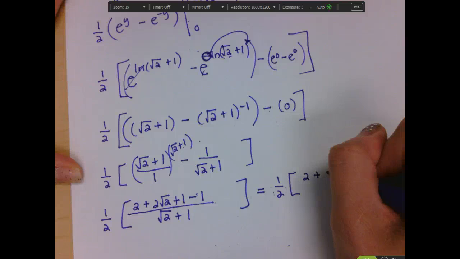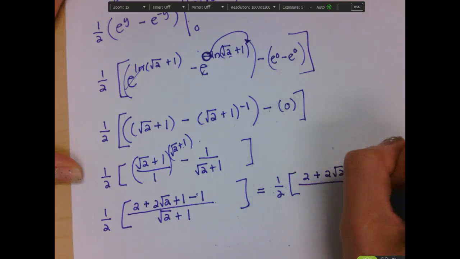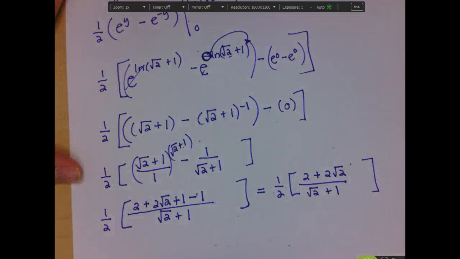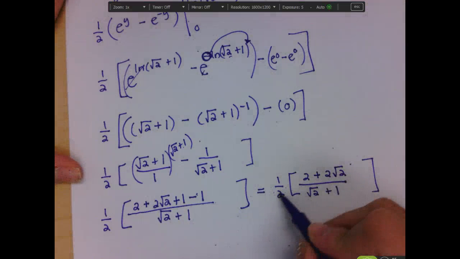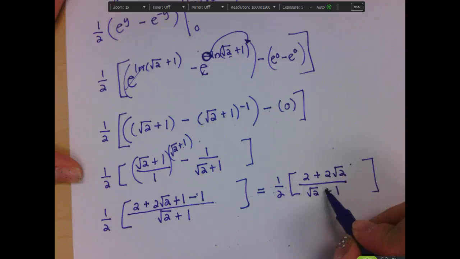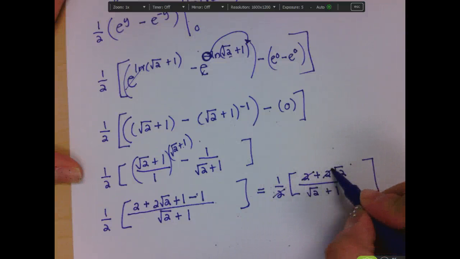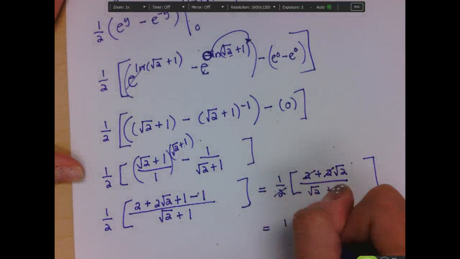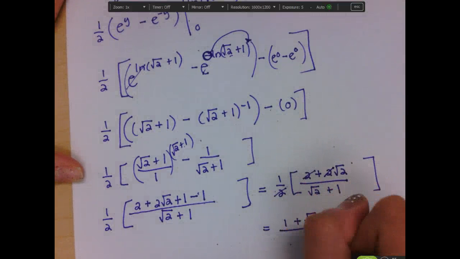So 2 plus 2 root 2 all over the square root of 2 plus 1. At this point, I can factor in my 1/2, and really what that's going to do is just cancel the 2's on the top. So I'm going to have 1 plus the square root of 2 over the square root of 2 plus 1.